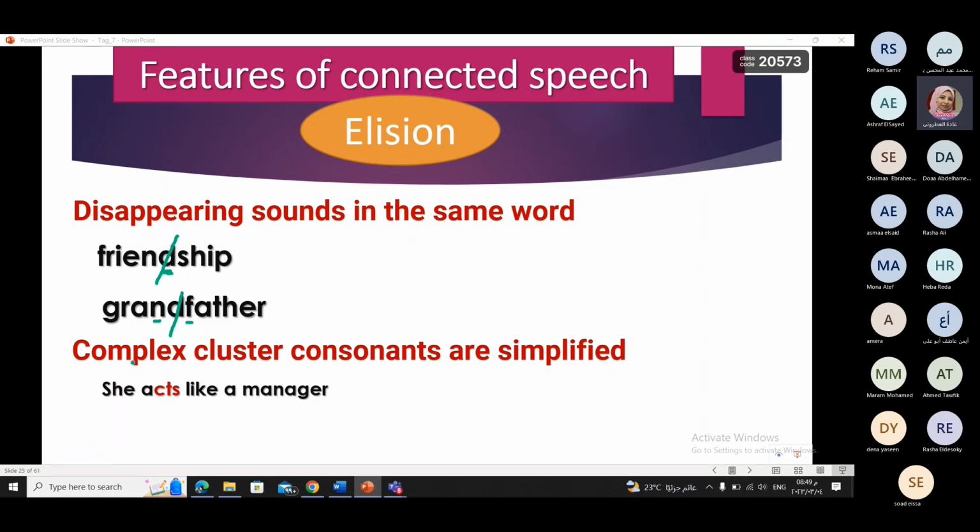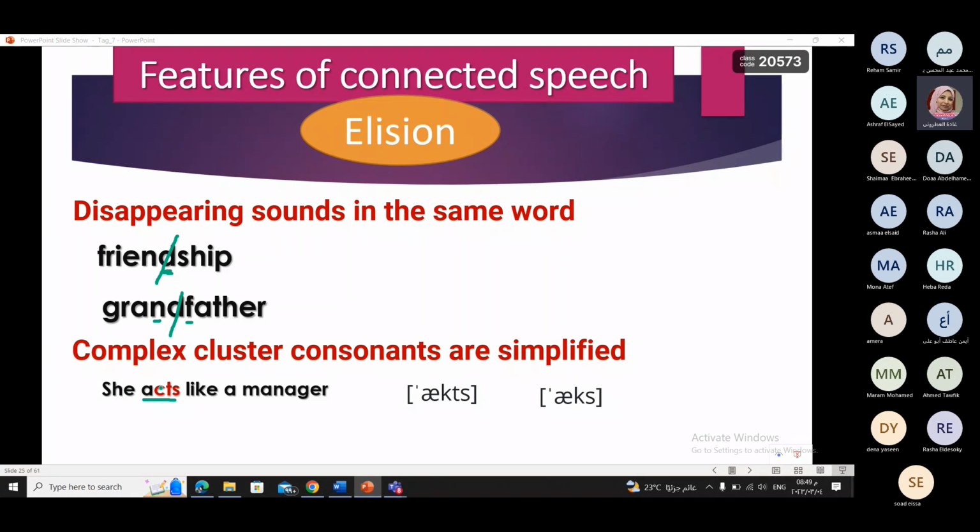She acts like a manager. If we read the word act, how many consonants? We want to make it simpler, so we need to simplify these consonants. It will be acts. She acts like a manager.